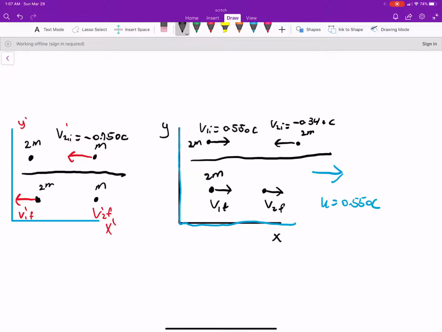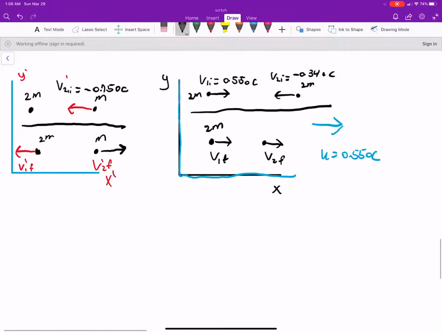If we look on the left here, we have a mass 2m at rest and another mass moving at a velocity of minus 0.750 c. We have this collision, and I'll draw a little arrow here. This is a clear momentum problem that we learned in Physics 1. So first, let's analyze the momentum.